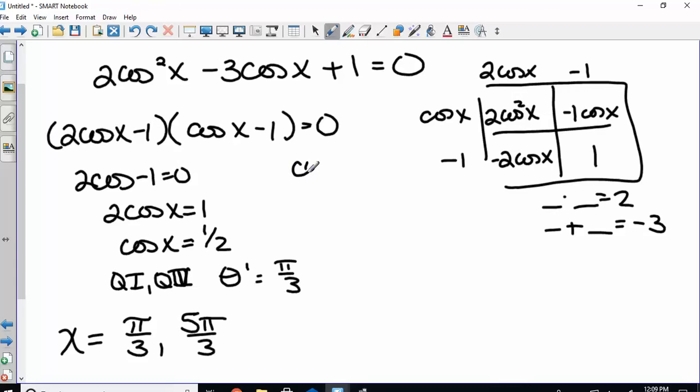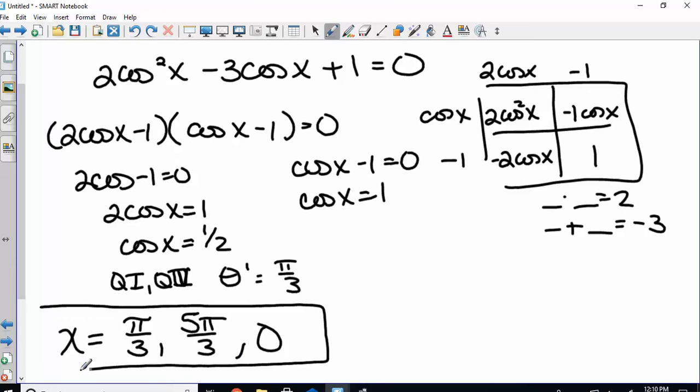Alright, this one set it equal to 0. That means cosine equals 1, which only happens once, at 0. If I said all possible solutions, what would you do?